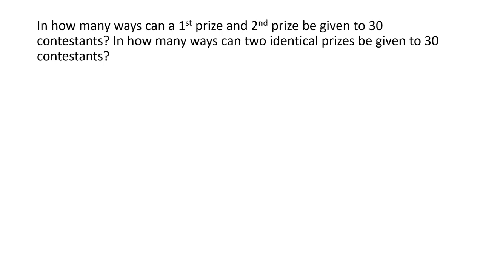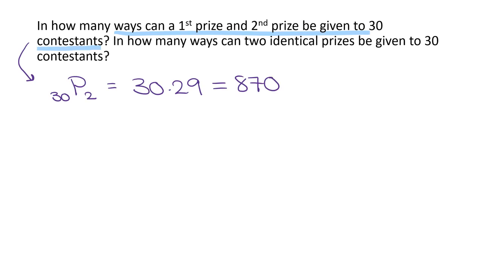All right, so let's solve a problem using permutations, and then let's introduce our last concept in this video. So my example says, in how many ways can a first prize and a second prize be given to 30 contestants? So we'll answer that question first, and then we'll deal with the second question. So in how many ways can a first and second prize, so we're picking 2 people, be given to 30 contestants?